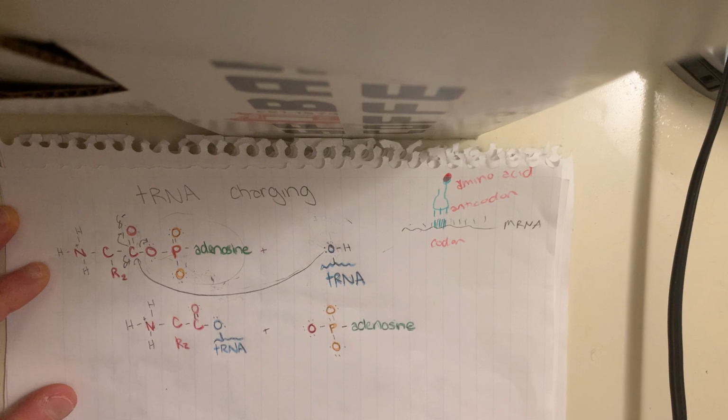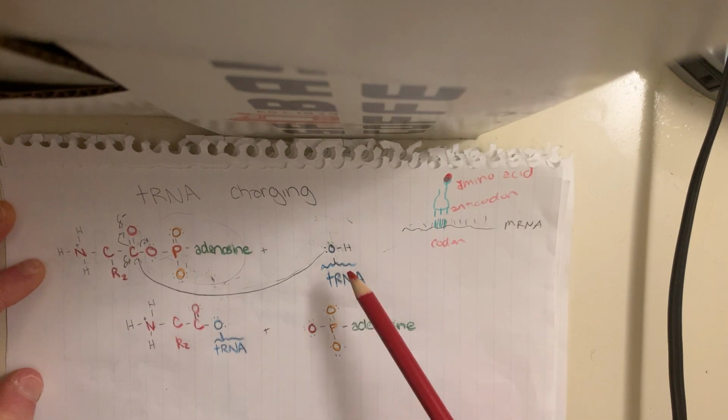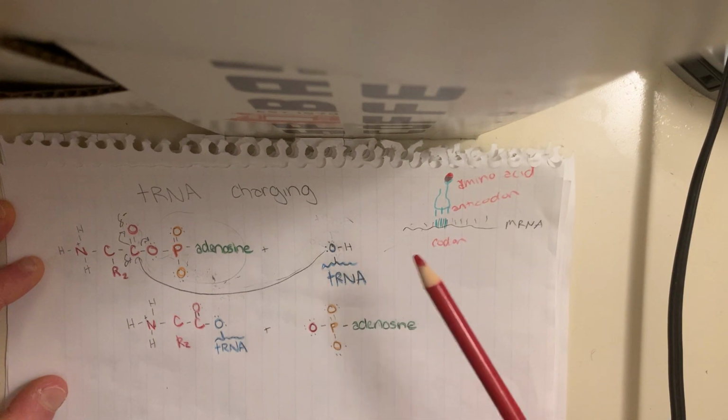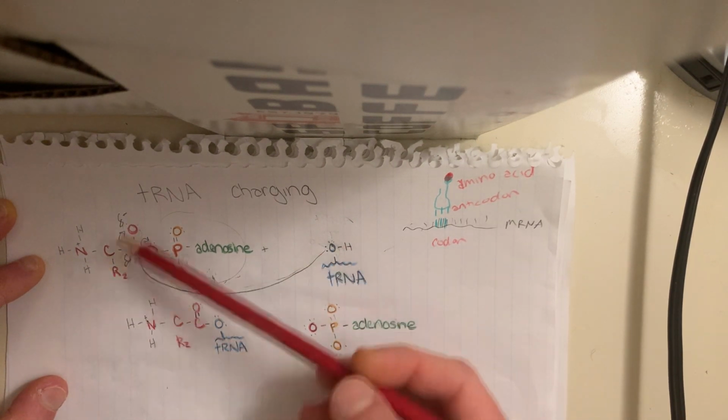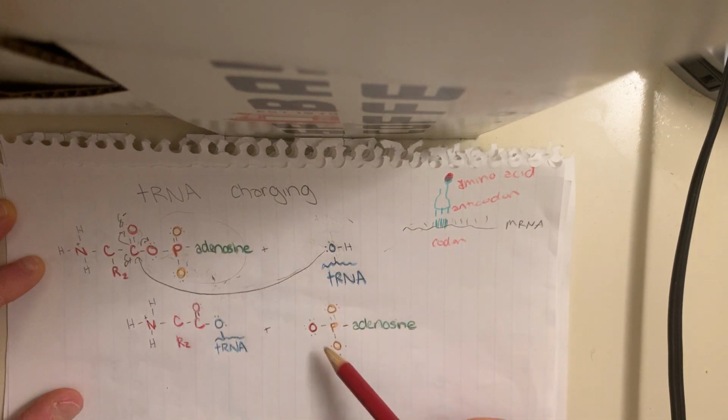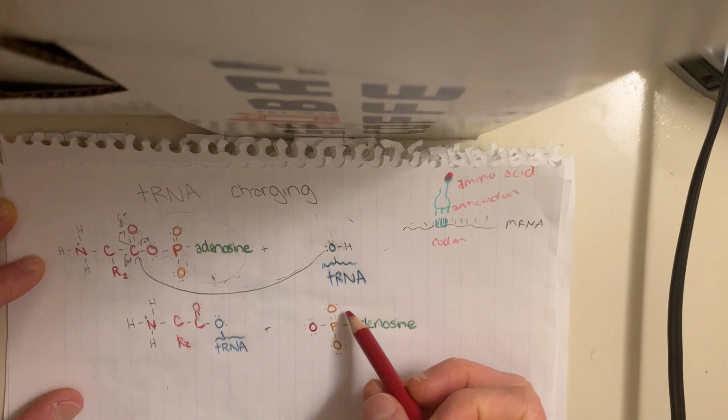But you do lose the equivalent of 2 H's, depending on what you start with, but because they can be in different protonation forms, just don't worry about what the H is really, or you're going to drive yourself crazy. So now you see you've lost this oxygen. So this oxygen is now part of this AMP.